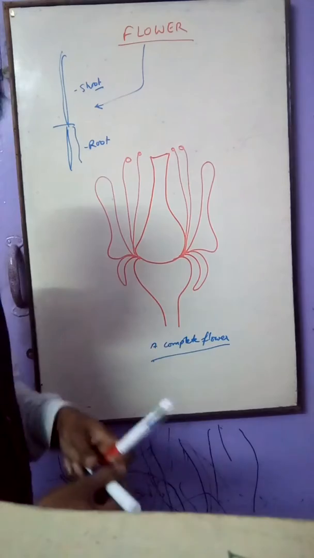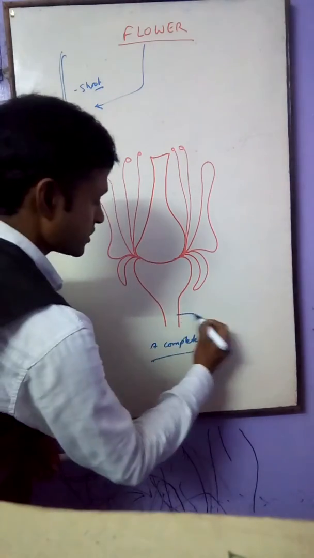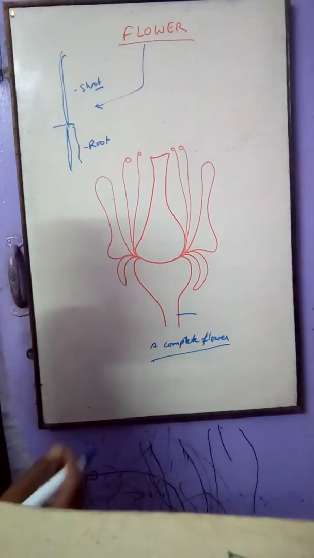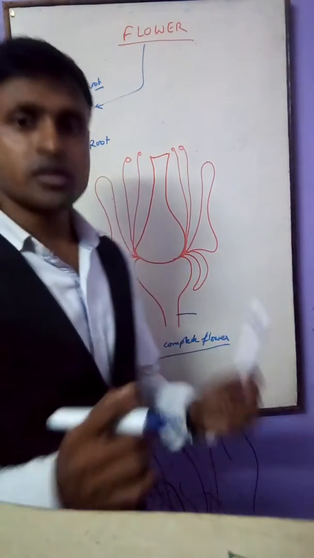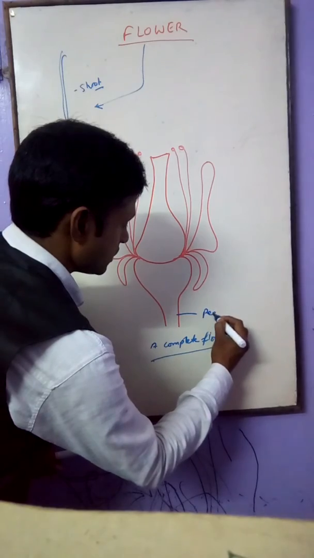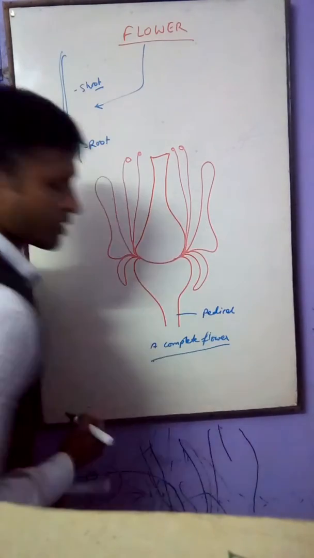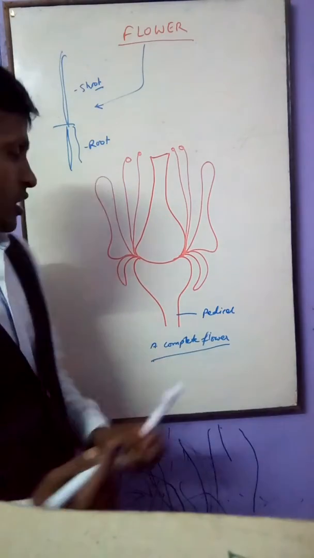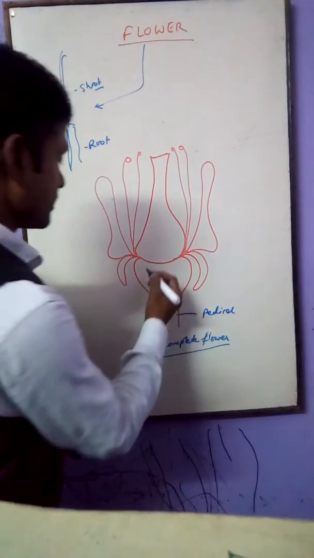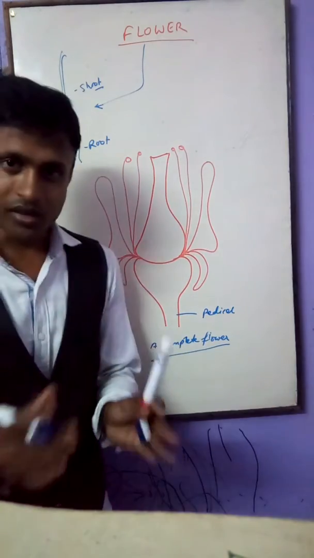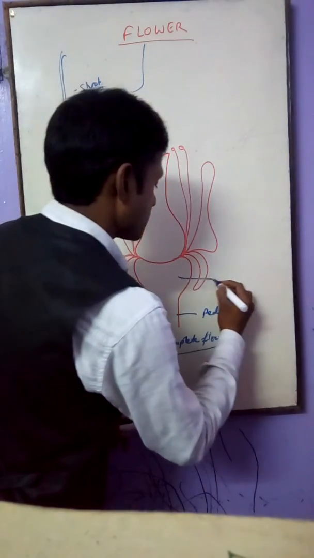Let's start with the lowermost part, that is the stalk of the flower, by which it is connected with the branch. That is the pedicel. And as we go higher above the pedicel, there is a swollen part. So that is the thalamus.